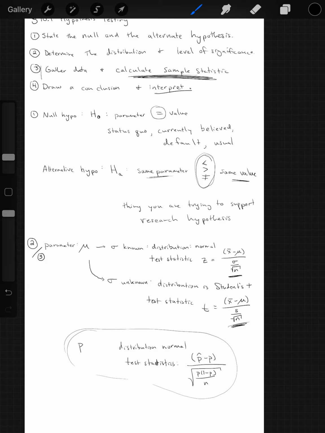Like I mentioned, if you are doing this in your field, then you'll often be in charge of gathering the data. In this case, I technically would be gathering it, but you'll be gathering it from a word problem. So it's not quite the same deal, but you are still going to need to calculate that sample statistic, and you'll be using one of these two formulas depending on whether you know sigma or you don't know sigma.